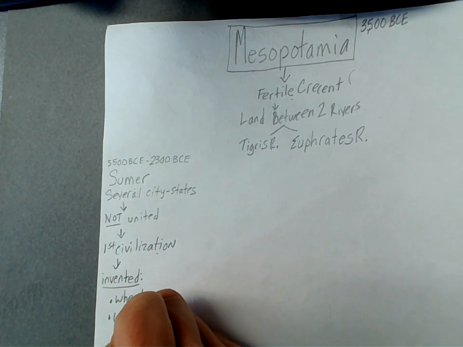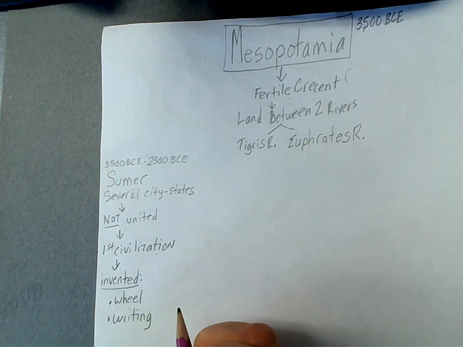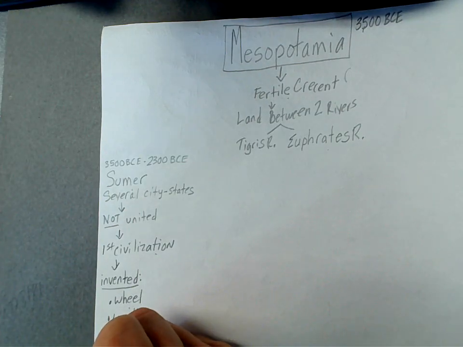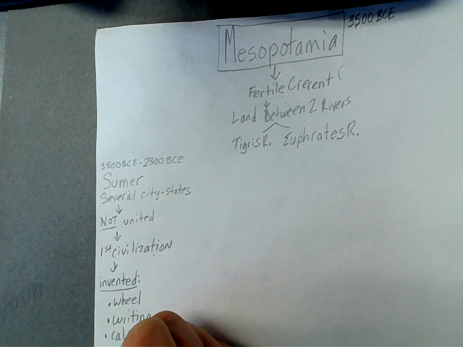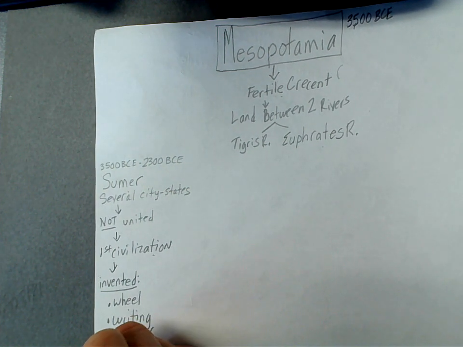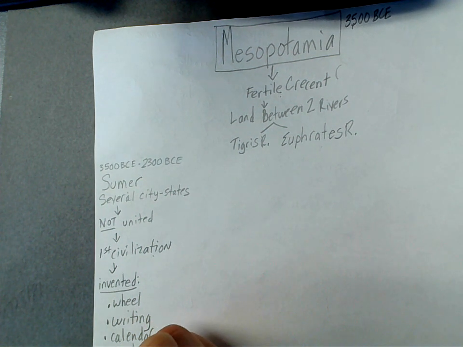How do we keep track of things? How do we document things? And then a calendar. They also did some architectural things like arches. Helps to displace weight and be able to build bigger, heavier buildings. So those were some examples.